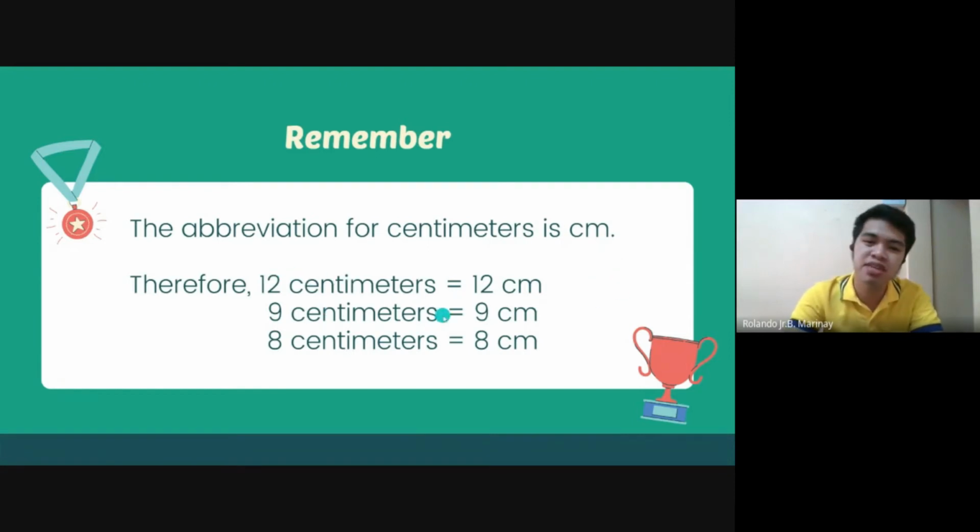Therefore, 12 centimeters is equal to 12 cm. 9 centimeters is equal to 9 cm. 8 centimeters is equal to 8 cm. But of course, I encourage you to write the whole word centimeter, so that you will be familiar with how to spell centimeters.